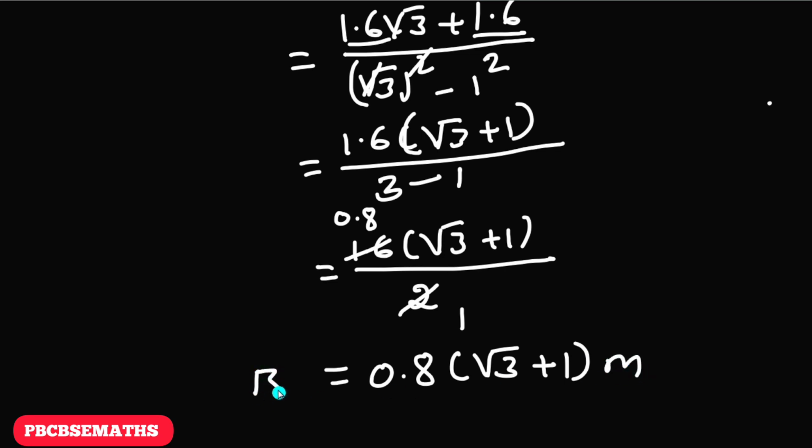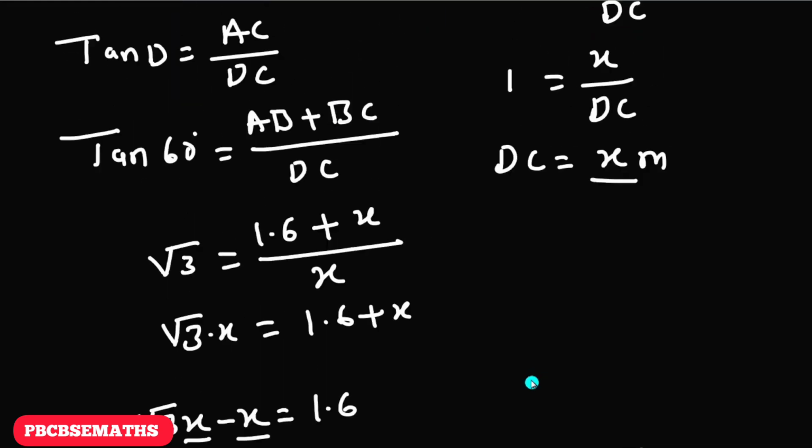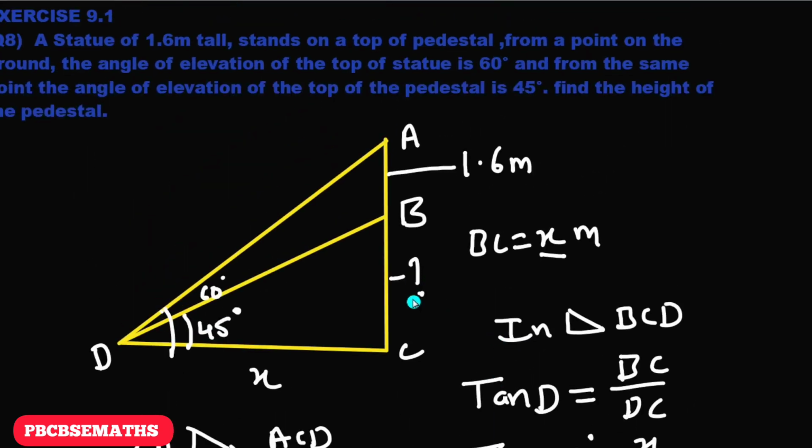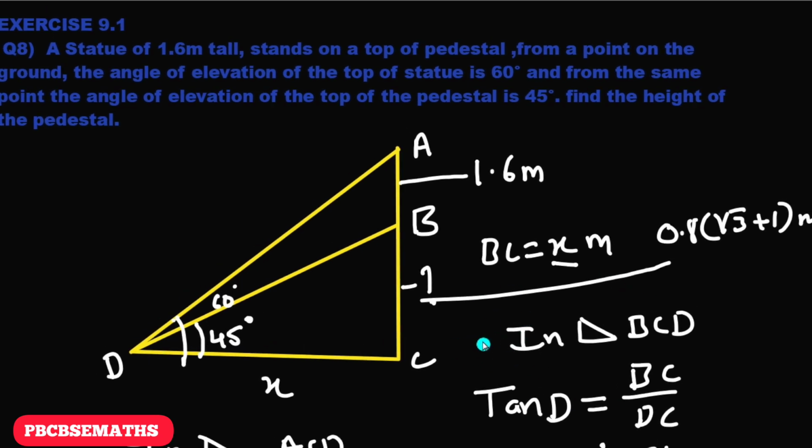That is the value of BC, that is the height of the pedestal. So the height of the pedestal is 0.8 into root 3 plus 1 meters. That is the solution. I hope you all got this solution. Thank you for watching the video.